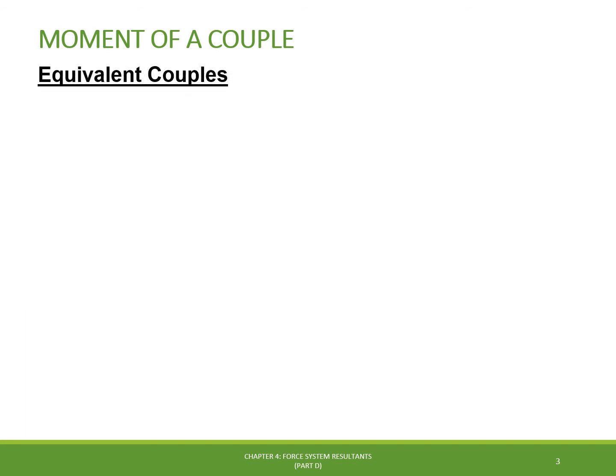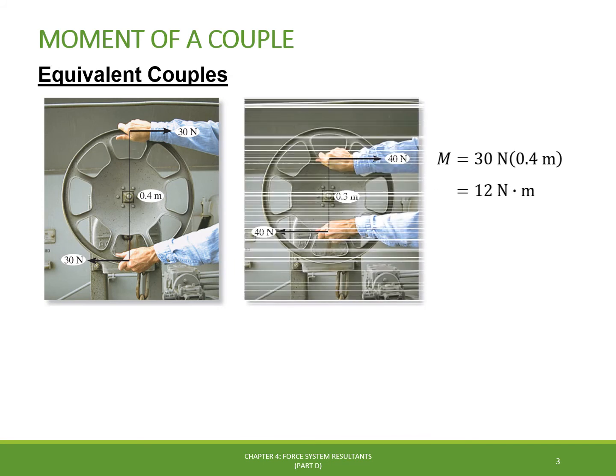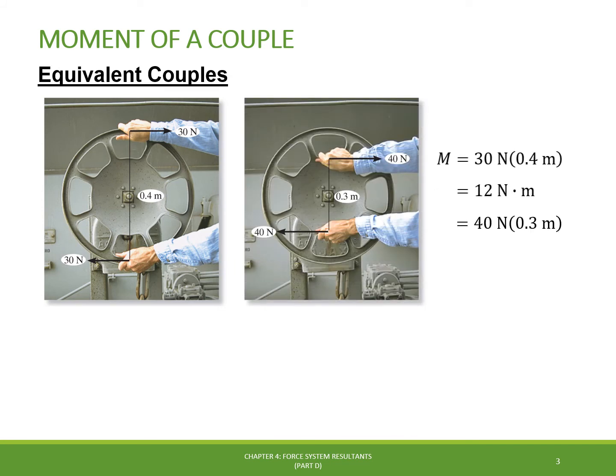Now, let's talk a little bit about the concept of equivalent couples, in which two couples produce a moment with the same magnitude and direction. For example, if we have a couple force of 30 newtons acting at a perpendicular distance of 0.4 meters from each other, it will produce a moment with magnitude of 12 newton-meters, which is equivalent to reducing the perpendicular distance to 0.3 meters and increasing the force to 40 newtons.